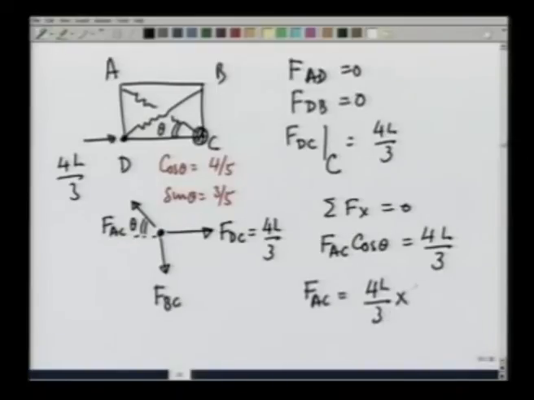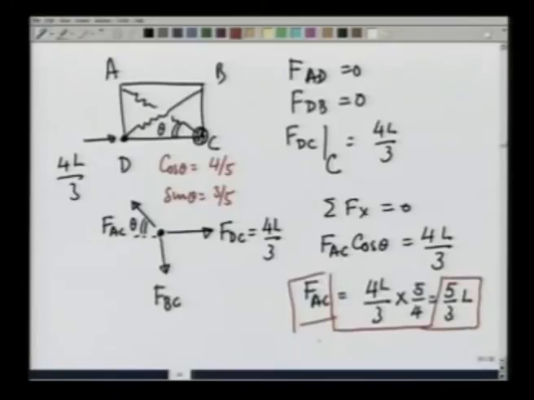So, that is 5/4, and this gives me 5/3 L. That is the tensile force on the rope. Now, similarly, if I do summation Fy, let me make the picture again.